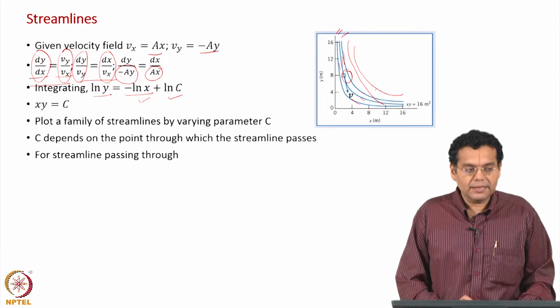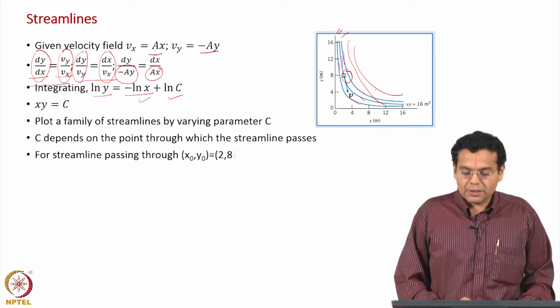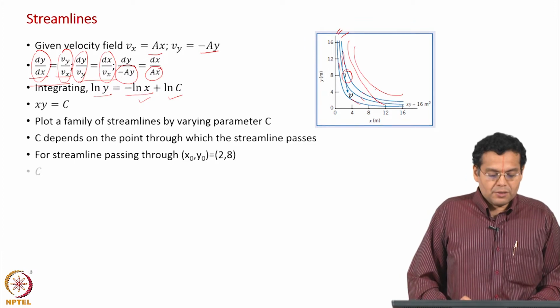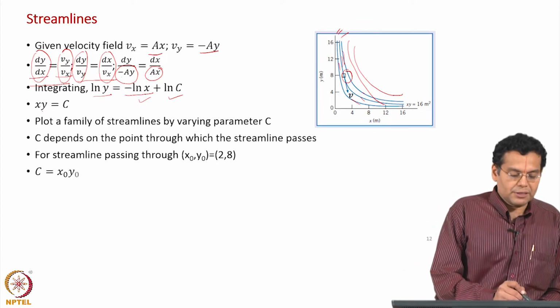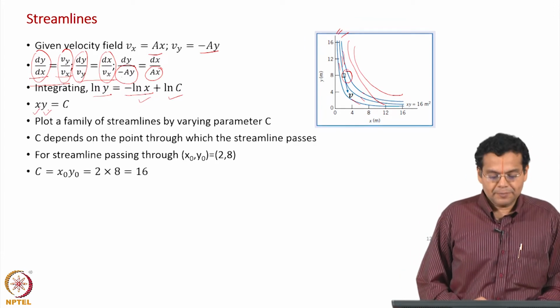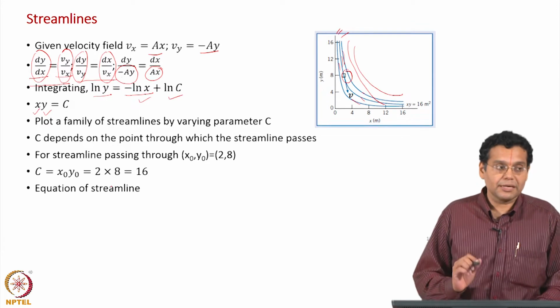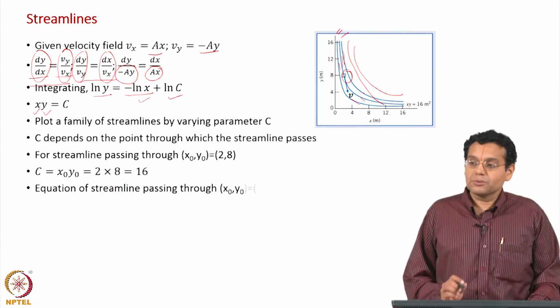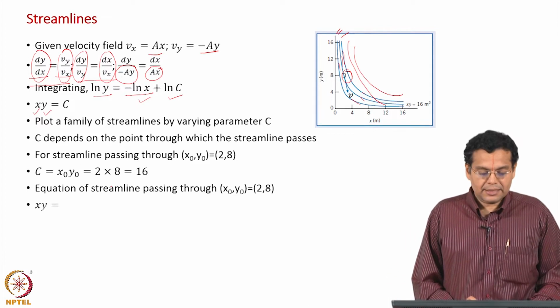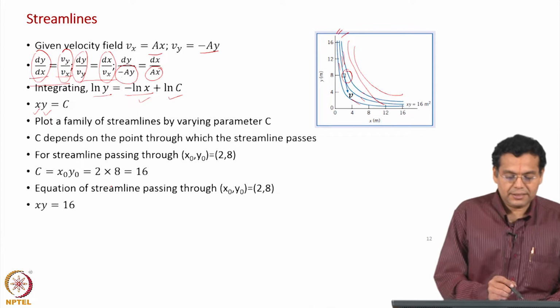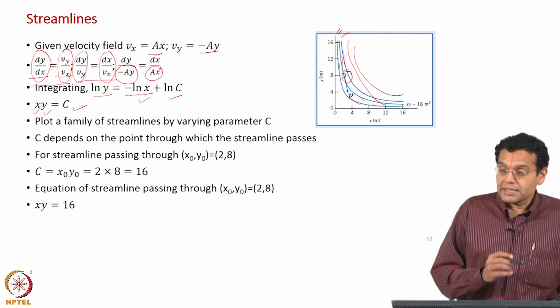So, for the streamline passing through (2, 8), what do we have? We substitute x naught, y naught: 2 into 8 gives you 16. So, the equation of the streamline passing through (2, 8) is xy equal to 16. This is the general expression for a set of streamlines.